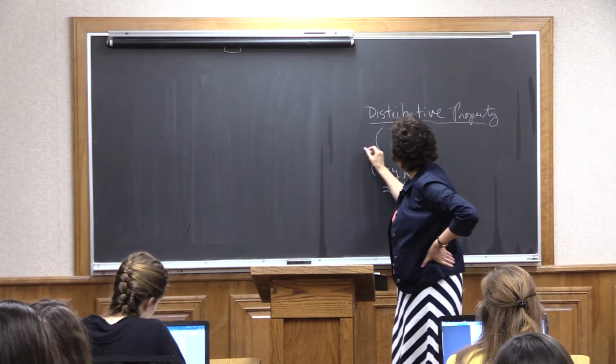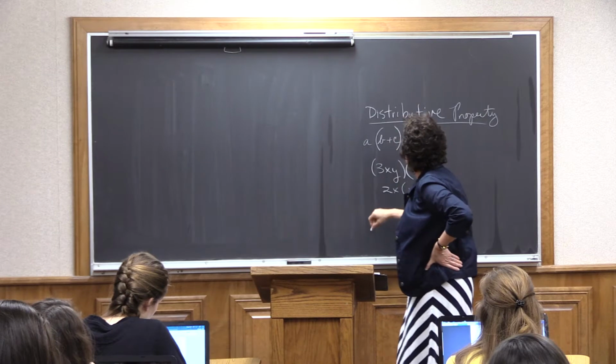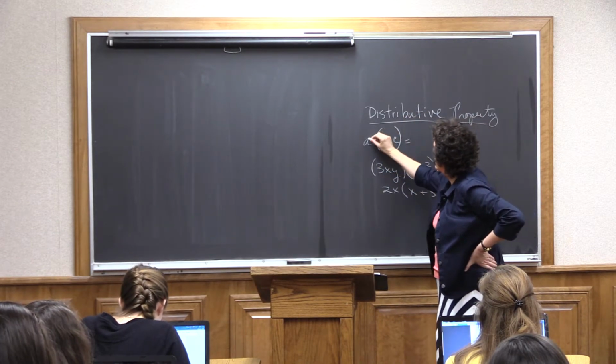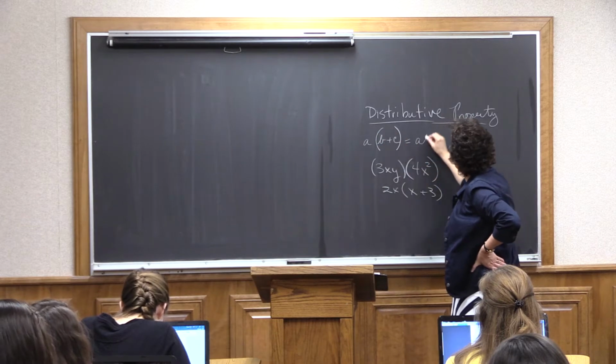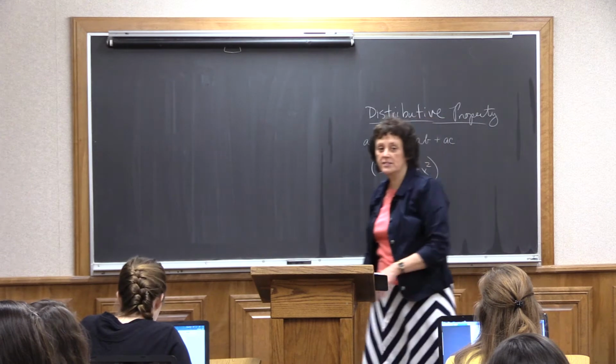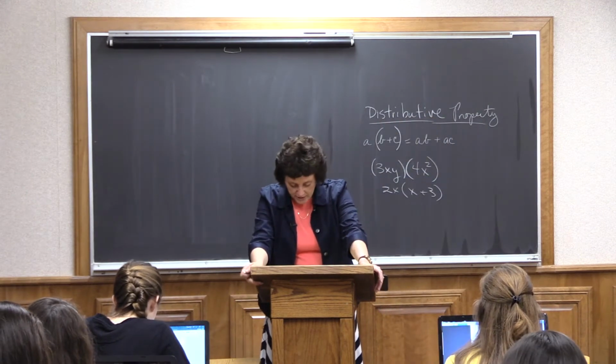All right, and of course you know the distributive property, which states that when you multiply a factor times a sum, you must multiply that factor times each add-in or each term in the sum. Of course, there's going to be a lot of difference in terminology, which we'll talk about in just a minute.